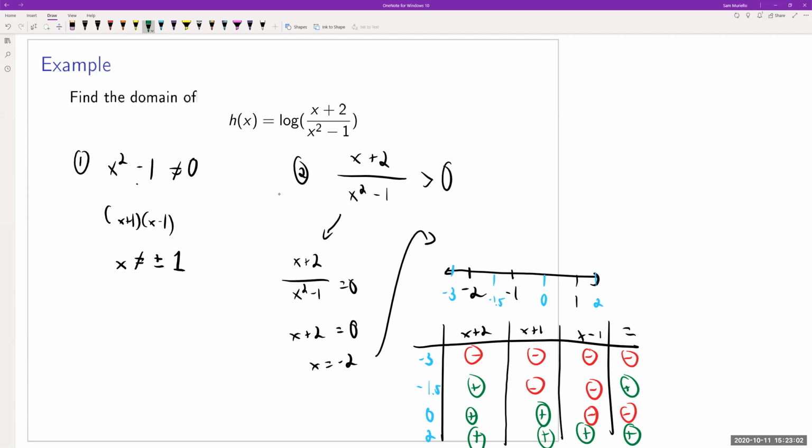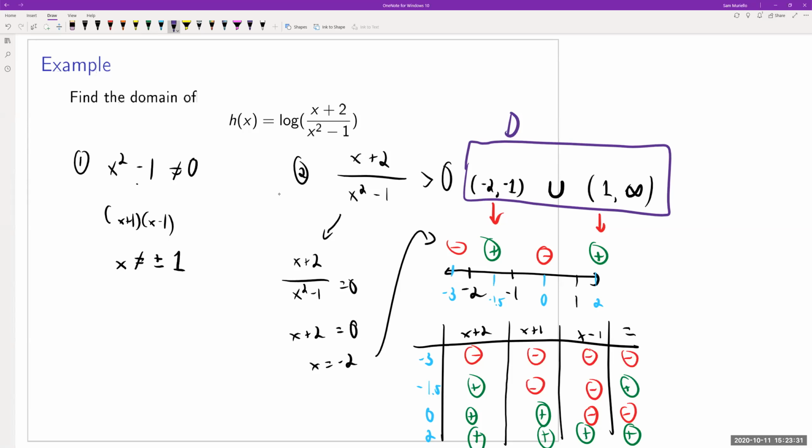Thus, we can fill in the number line positive here and here, negative here, and here, yielding the result that we are looking for this region and this region. So that would be -2 to -1, 1 to infinity, the union of these two.